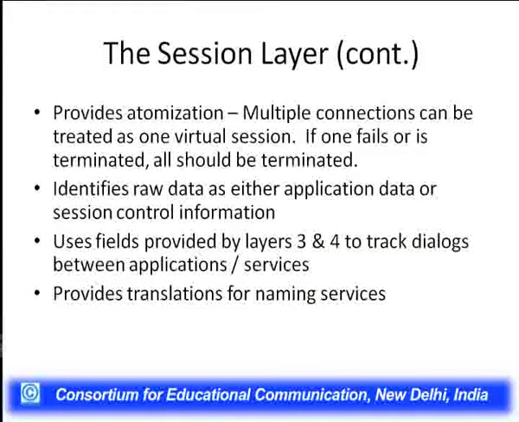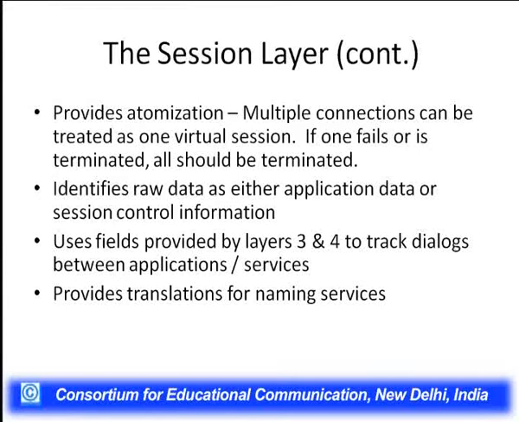Then besides this, it also provides for atomization. Atomization means that when multiple connections are there, they can be treated as one virtual session. If one fails or if one is terminated, all should be terminated. Then the session layer identifies raw data as either application data or session control information.